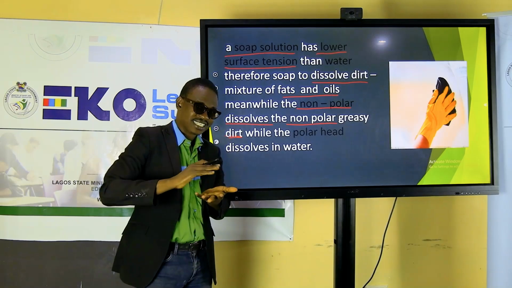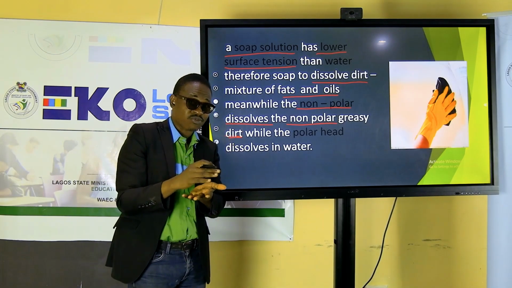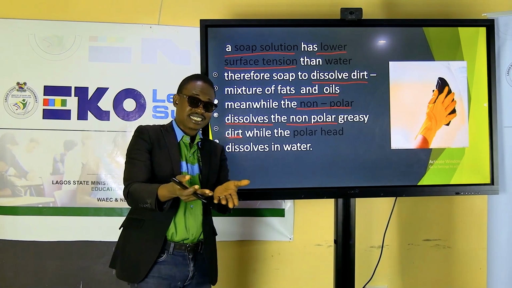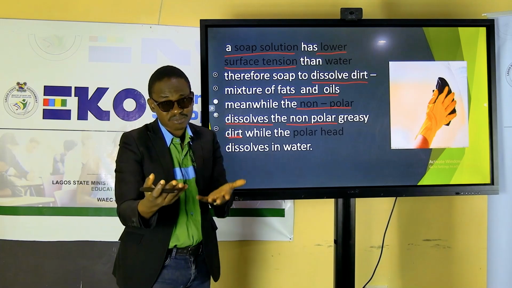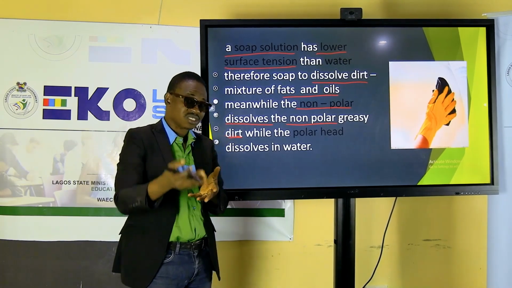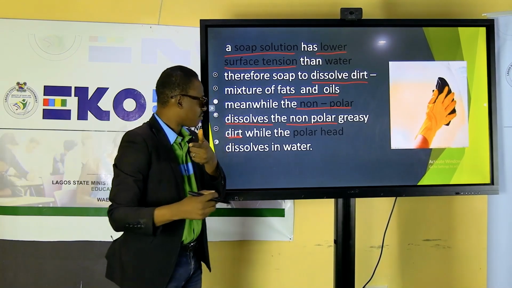The hydrophilic is the water lover, the head. The hydrophobic is the water hater, the tail, and it's this tail that we call non-polar, and it's the one that is going to help in dissolving the oil, which is equally non-polar molecules. Hope you're following me.